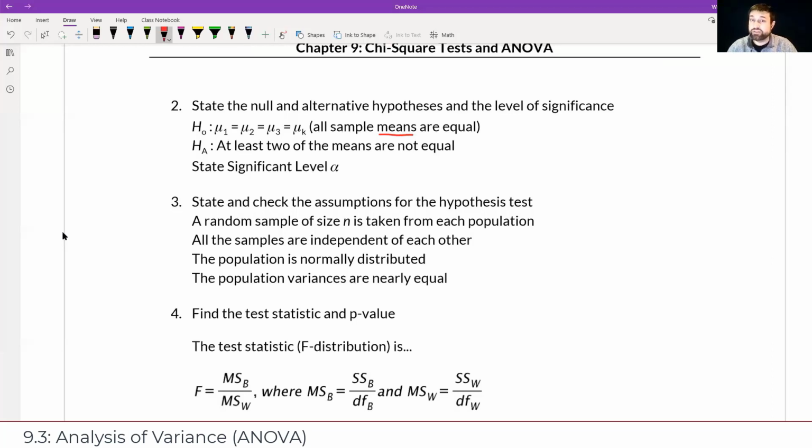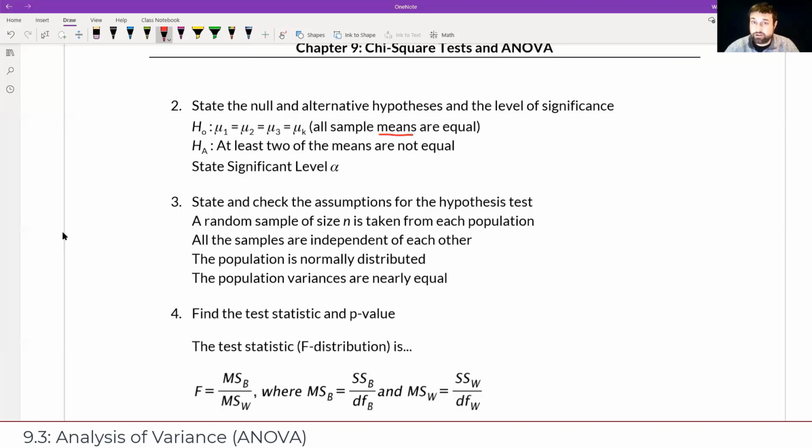That's your null hypothesis. You take your data, you run some calculations, you get an F distribution, which then gives you a p-value. You compare that p-value to a threshold, and you either accept or reject the null hypothesis. If you accept the null hypothesis, then there's evidence to show that all the samples have the same average, the same mean.